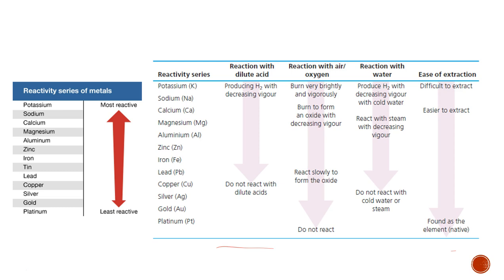Then there's reacting with oxygen in the air, and reaction with water and steam. You should make yourself some study notes in regards to these, as to where in the reactivity series these reactions stop, so you've got a familiarity with the relative reactivities of these metals.